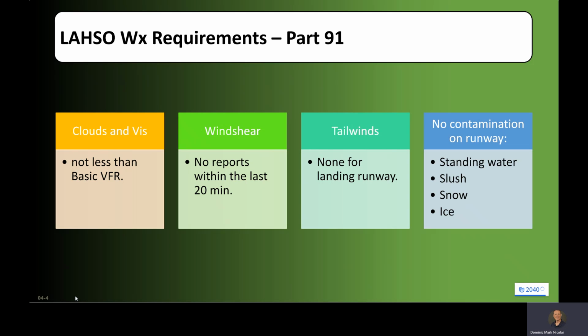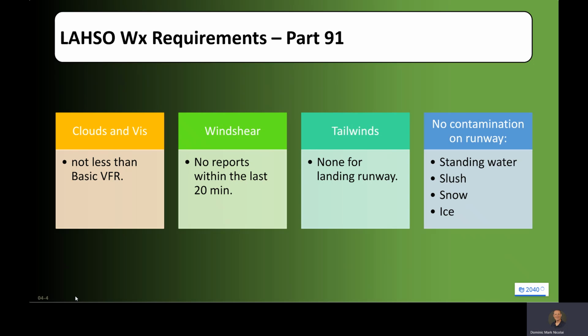And of course, when I use that term basic VFR, that's the cutoff point between IFR and VFR operations. So we're looking at 3 miles minimum and 1,000 foot ceilings minimum. So basic VFR operations must be at the airport for land and hold short operations to be conducted.